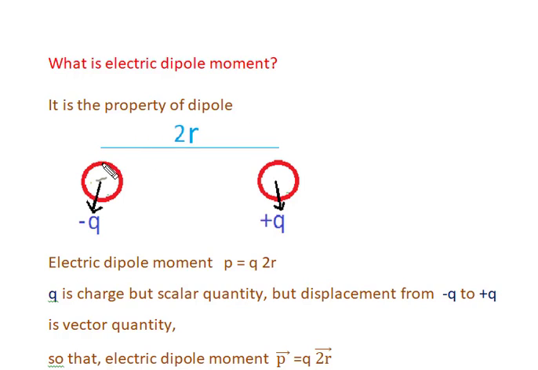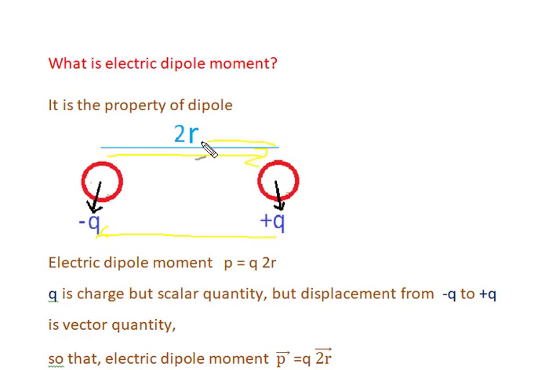Suppose the minus q exerts a force on the plus q, or the minus q makes a displacement to this distance, or this charge makes a displacement from here to here.